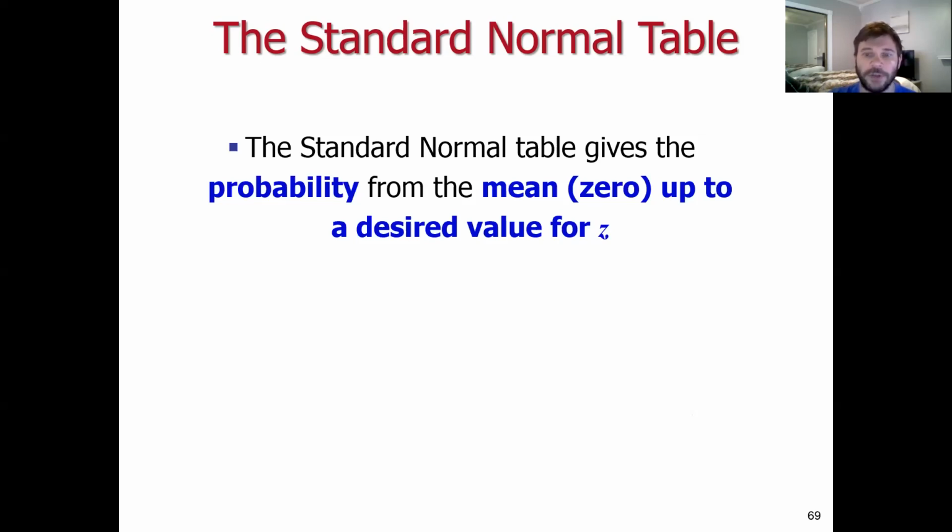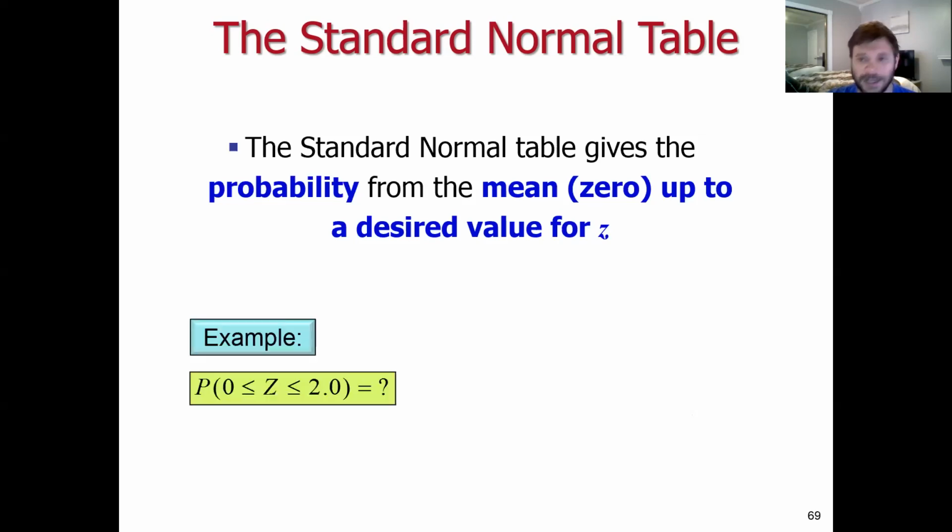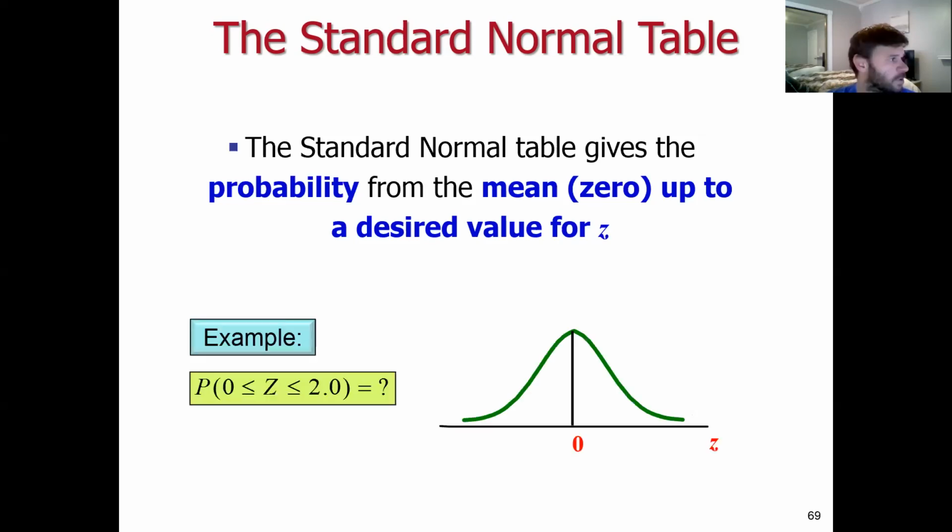Now, you'll notice z could be negative, right? If we were looking at this distribution, it's possible that we have negative values of z here. But since the distribution is symmetric, we could just use a positive value of z that corresponds to the same negative value. So really the absolute value is what's going to matter here. And what the table does for us is show us the area underneath that curve.